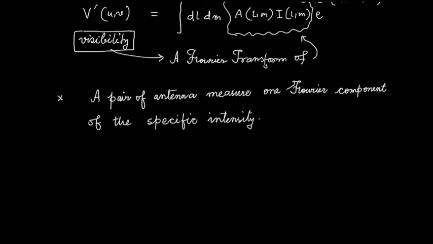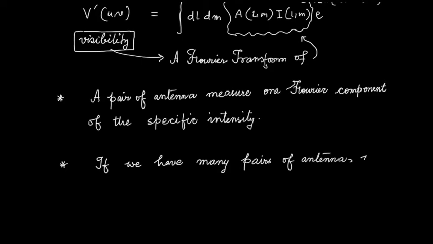So this we understand. This is coming from the van Cittert-Zernike theorem. If we have many pairs of antenna, in principle we can get all the Fourier components.